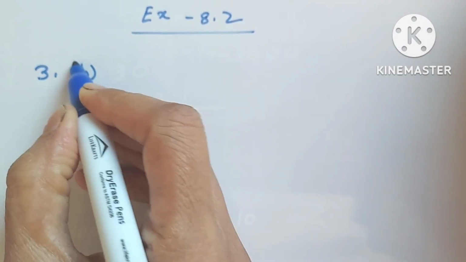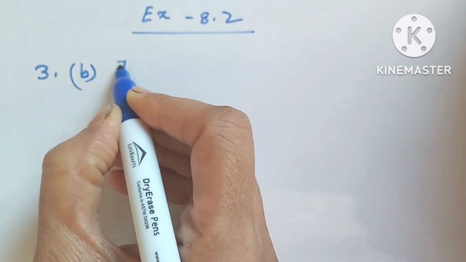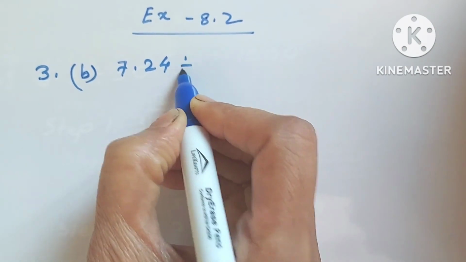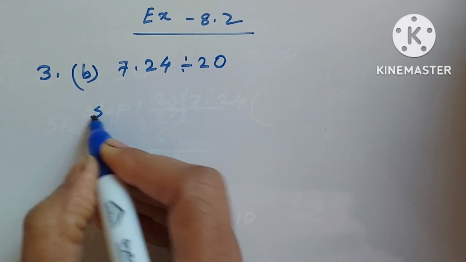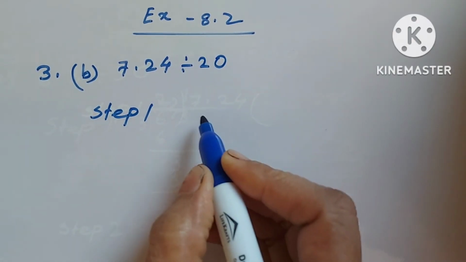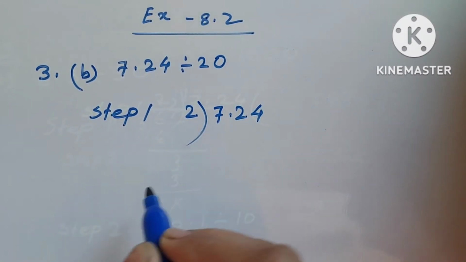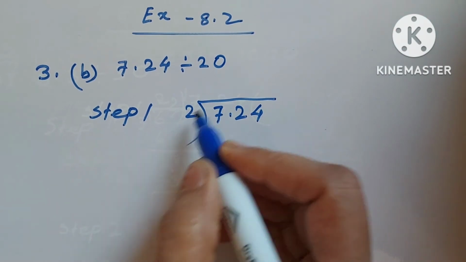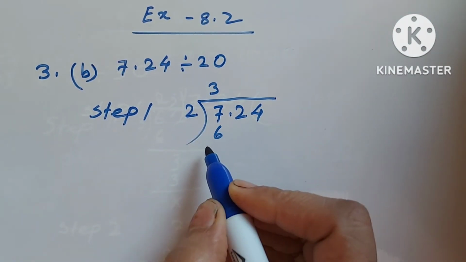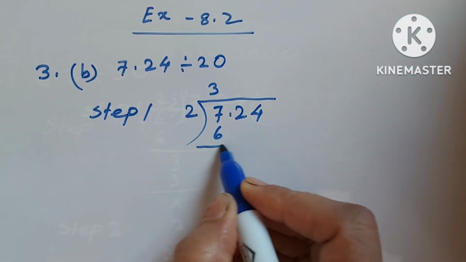Now next. 7.24 divided by 20. Again in 2 steps. Step 1, divided by 2, 7.24 divided by 2. 2 3 is 6.